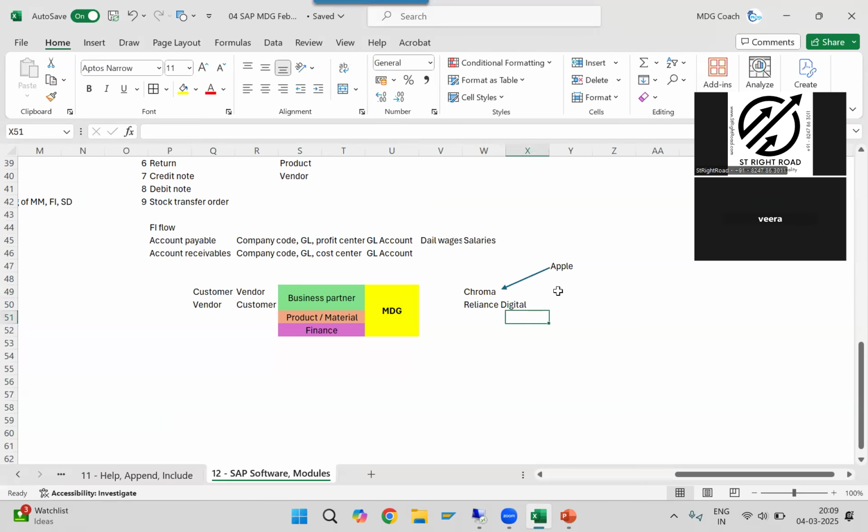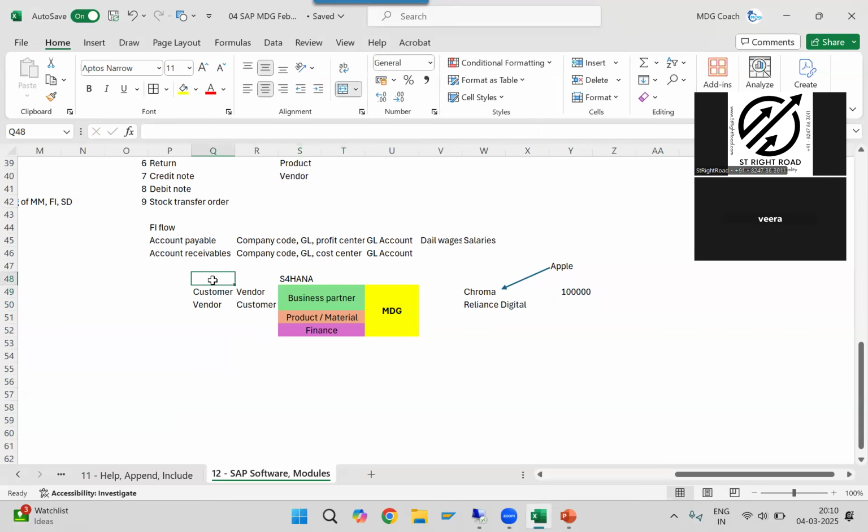They are going to purchase 1 lakh phones at a time. If they purchase one product, they become a customer or vendor. So one time customer, one time vendor. And partner means can become a customer or vendor. To differentiate this, SAP had to maintain many tables. So in the HANA system, they merged it as business partner. This is in S4 HANA especially.